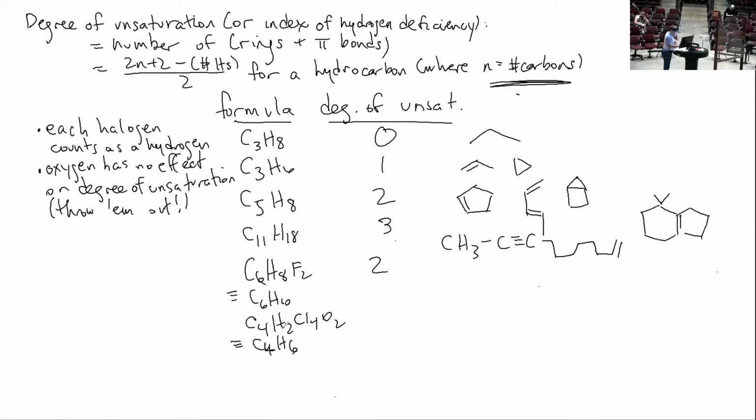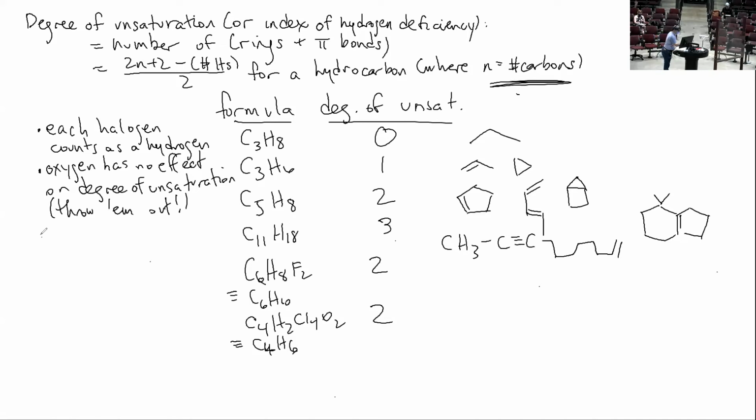So it comes out as the same as C4H6. If this were fully saturated, it'd be C4H10, right? 4 times 2 is 8, 8 and 2 is 10. 10 minus 6 is 4, 4 divided by 2 is 2. So both of those formulas have a degree of unsaturation of 2. So oxygen's real easy to deal with. You just ignore it when you're calculating degree of unsaturation.